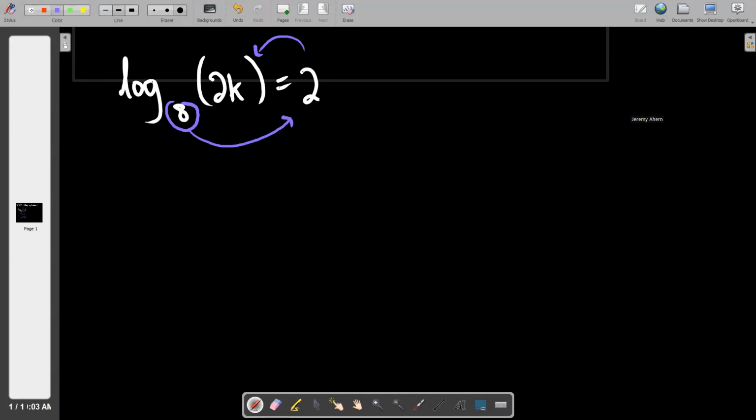What's that going to say? Right. So 8 to the power of 2, which this time I am just going to evaluate because I probably don't need to show that. 8 to the second power is 64. So I can just write 64 equals 2k. It happens very quickly that it morphs from an 11th grade math problem into a 6th grade math problem in the blink of an eye. Then we divide both sides by 2, of course. And what is k? Done. 32.